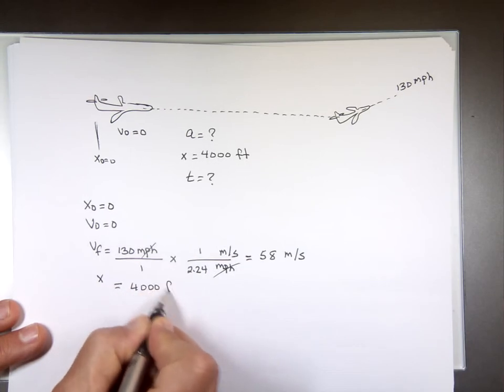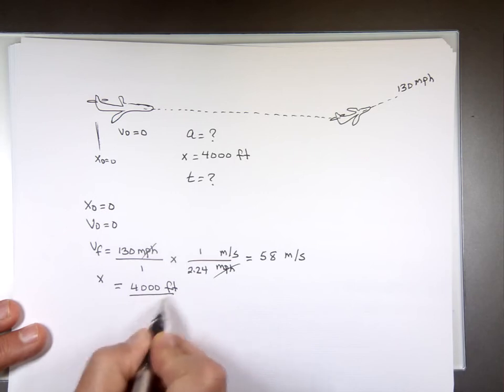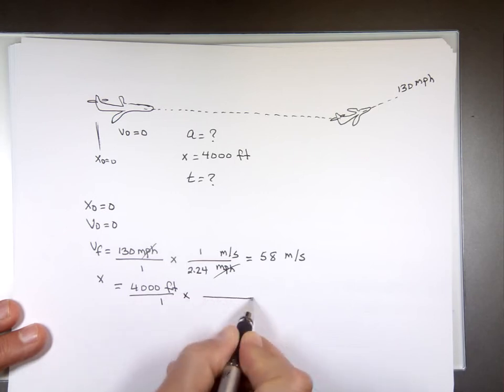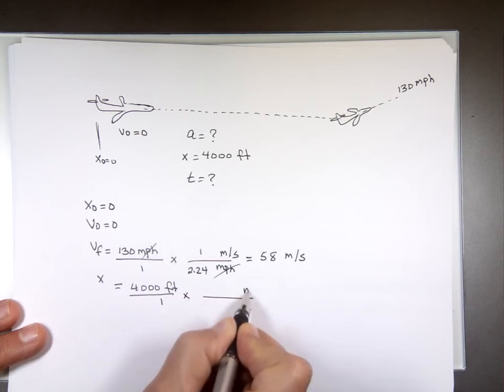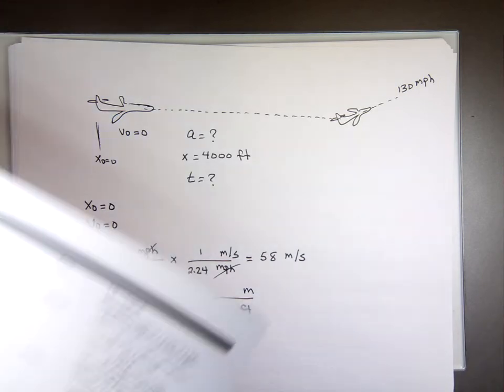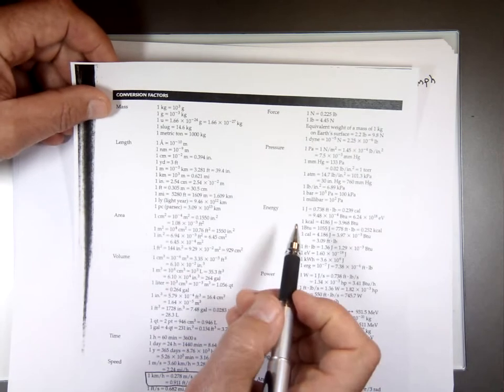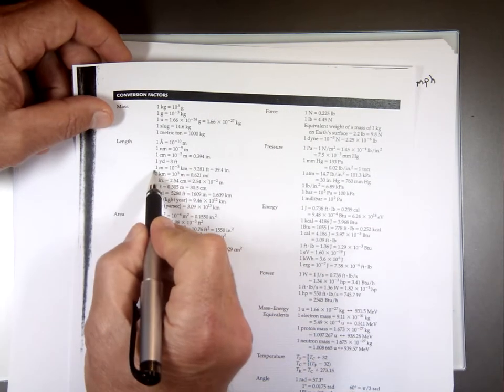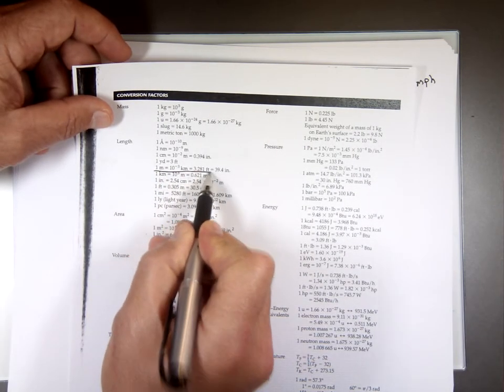I gotta convert that to meters. Feet to meters. Let's look at that unit conversion again. Now we're looking for length, feet and meter. Notice 1 meter is how many? 3.28 feet.